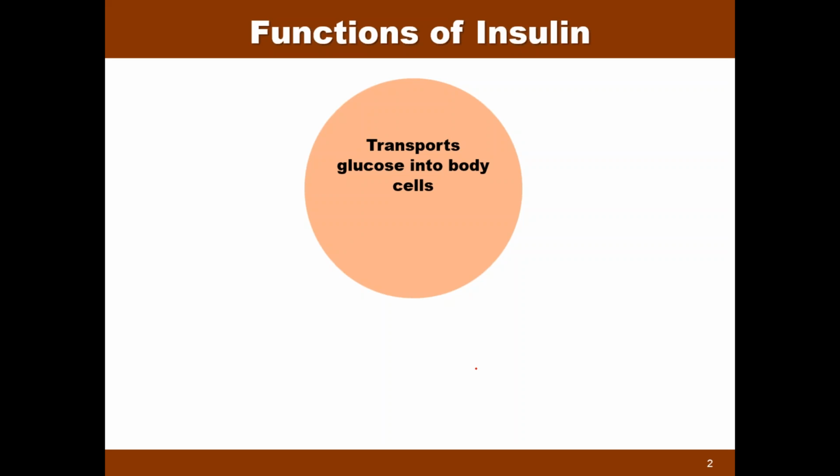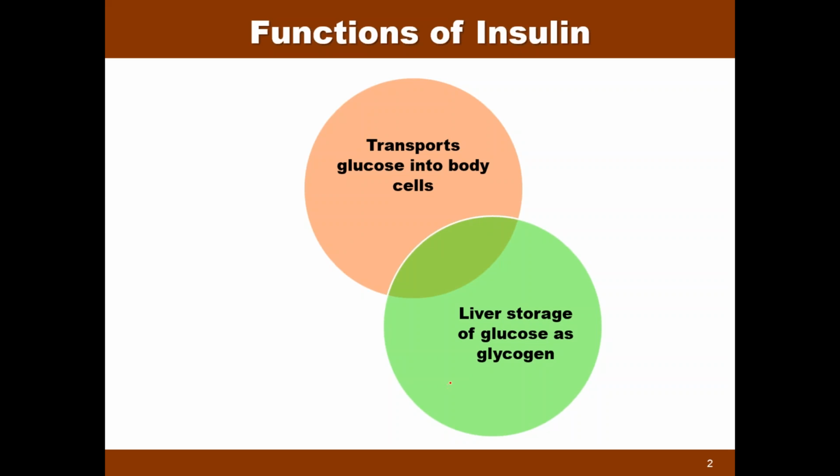Without insulin, it will be impossible for glucose to enter the body cells, and the body cells will be in a state of starvation. Number two, the function of insulin also is to store glucose in the form of glycogen. If the insulin promotes the storage of glucose as glycogen, that helps in decreasing the blood sugar level.